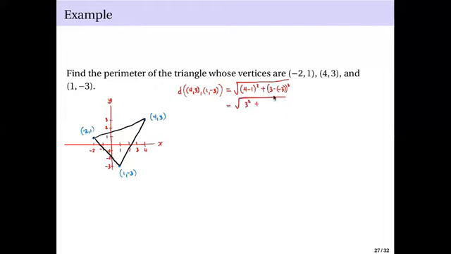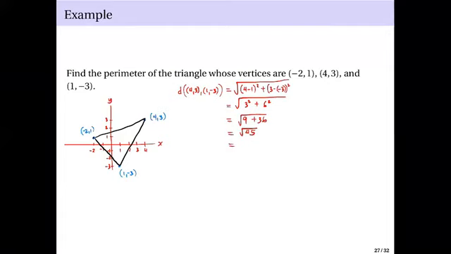So 3 squared, that's 9. 6 squared, that's 36. So in here, we have the square root of 9 plus 36, that's 45. Try to check that this 45 is 9 times 5, and we take the square root. So this is 3 square root of 5. Okay, so try to check that one.